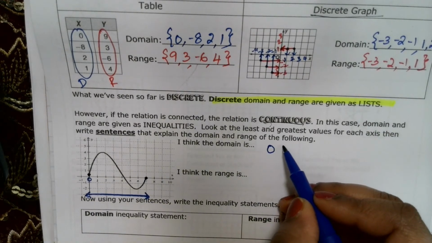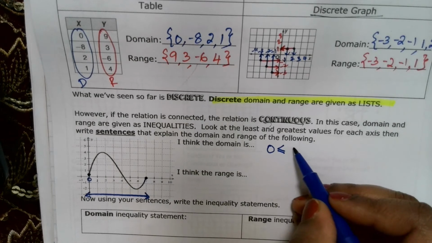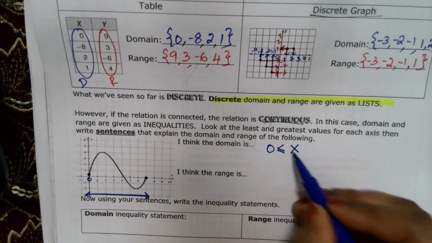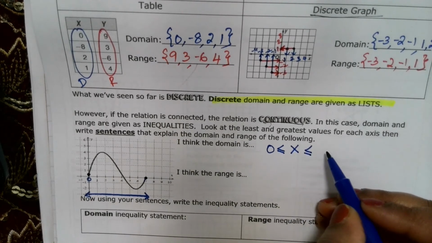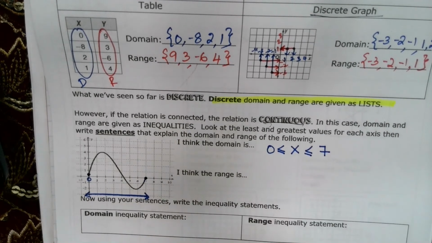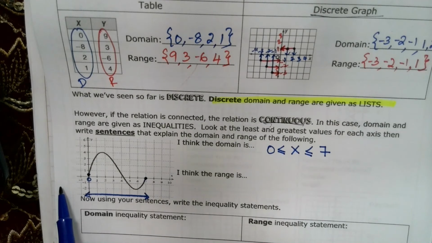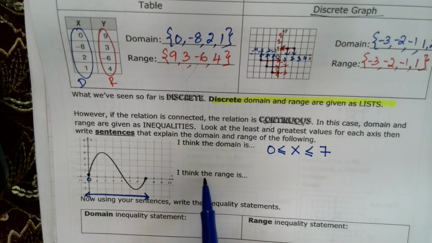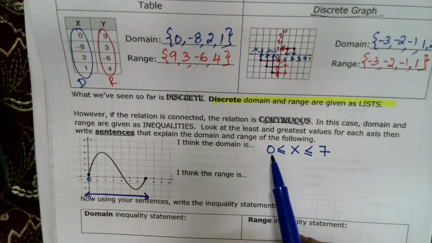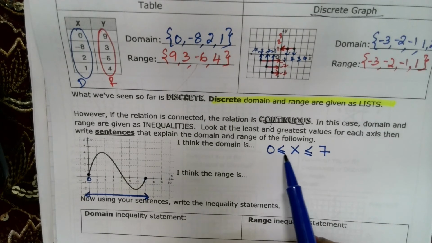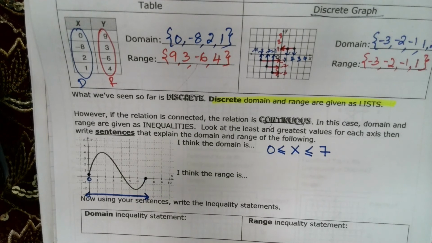So 0 is less than or equal to x, since domain talks about x, less than or equal to 7. It cannot go beyond 0 and it cannot go beyond 7. So my domain are all the values starting from 0 all the way up to 7.